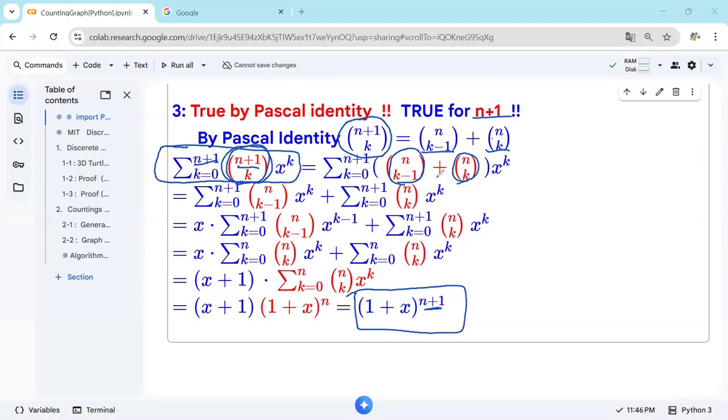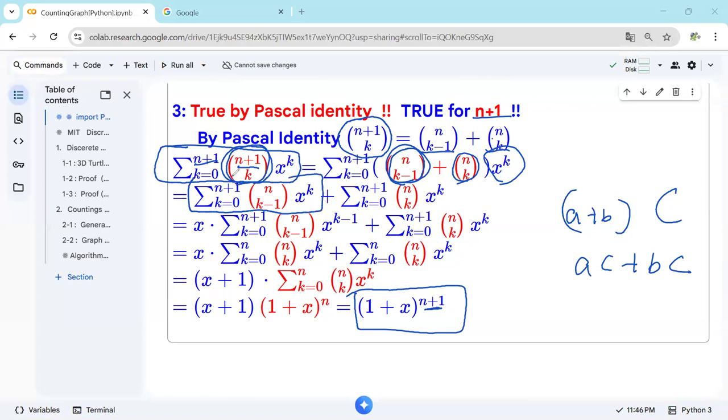As you know, a plus b times c is ac plus bc. So this one times this one is the first case, and this red one is the second case. So now we can have this kind of expansion.